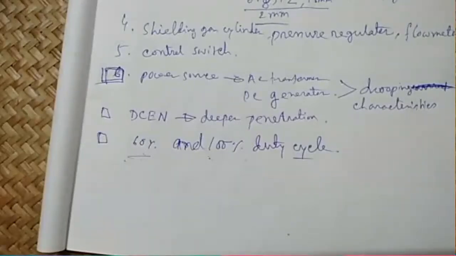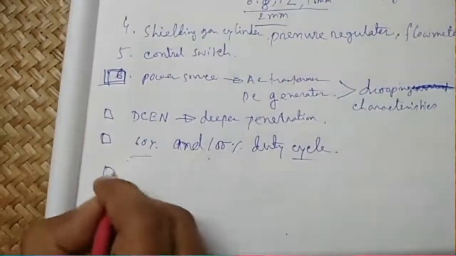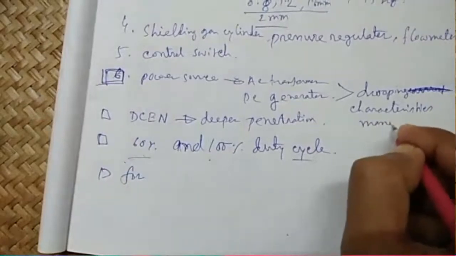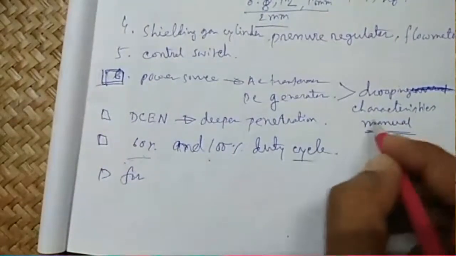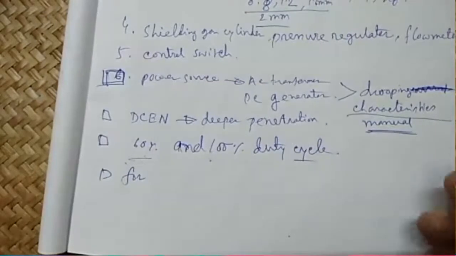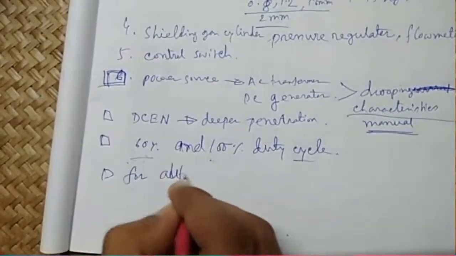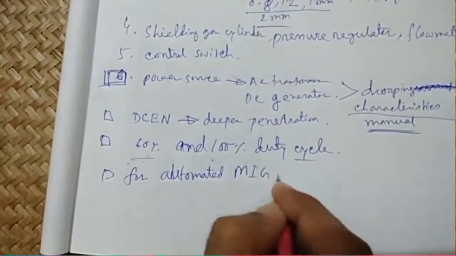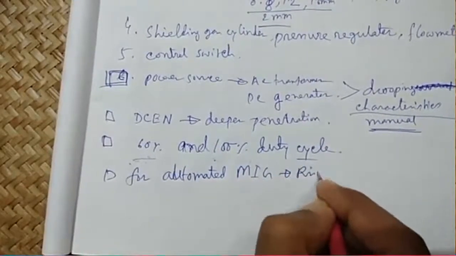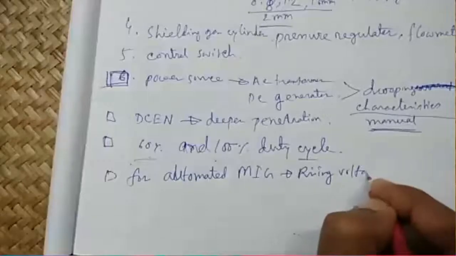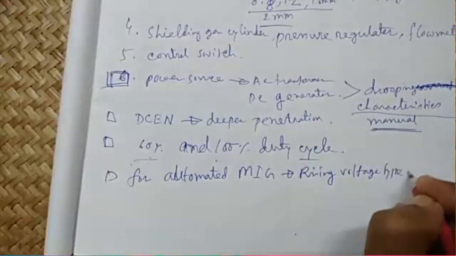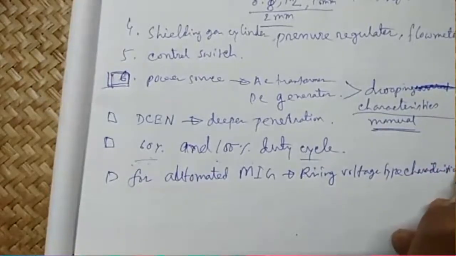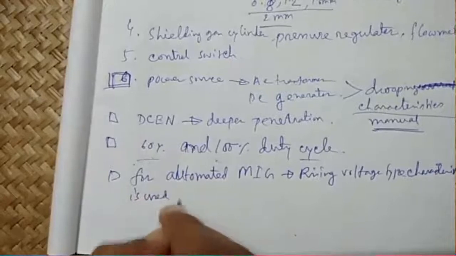And for automated, this is for manual. For manual MIG operation, drooping characteristics are used. For automated MIG, rising voltage type characteristics are used.